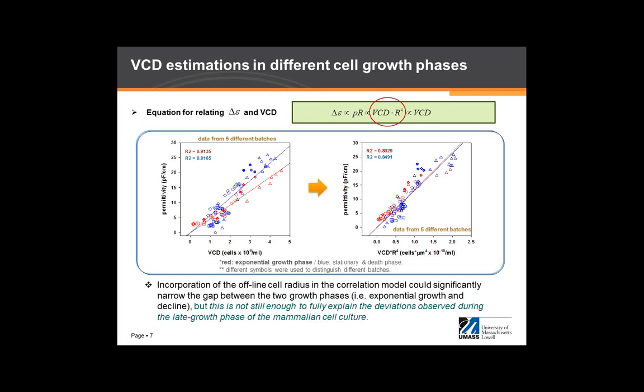That means after the plateau period, during the declining phase, even with the correct radius measurement, you still see quite significant deviation. So from this observation and investigation, we concluded there are still some fundamental things we need to fix for the viable cell density estimation, which is just a value calculated from the capacitance value.